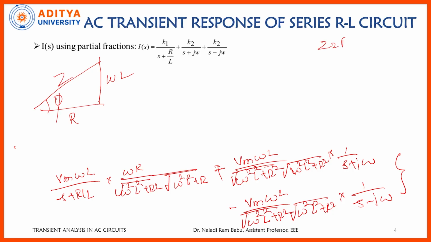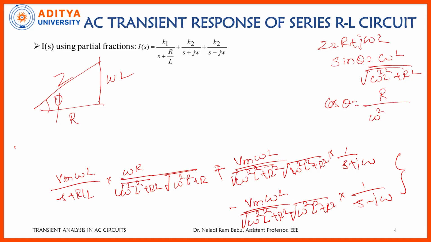Impedance Z is equal to R plus J omega L, whereas sin theta is the opposite side, omega L by Z, that means omega L by square root of omega square L square plus R square, whereas cos theta is the adjacent side, R by square root of omega square L square plus R square.